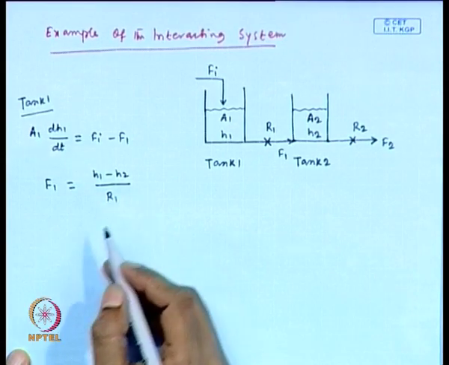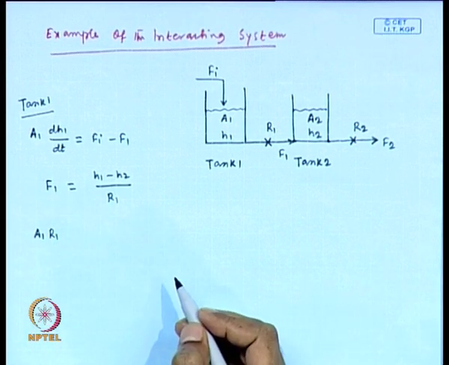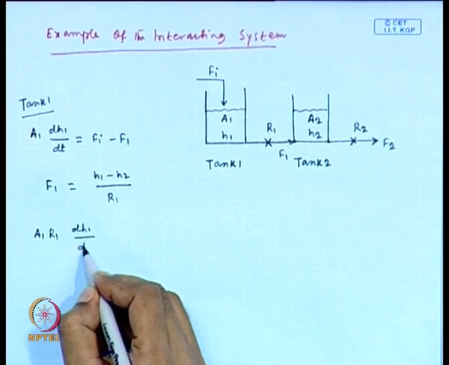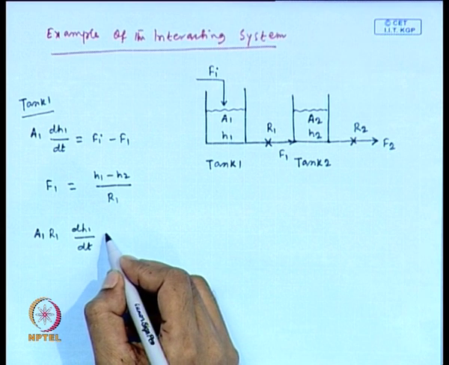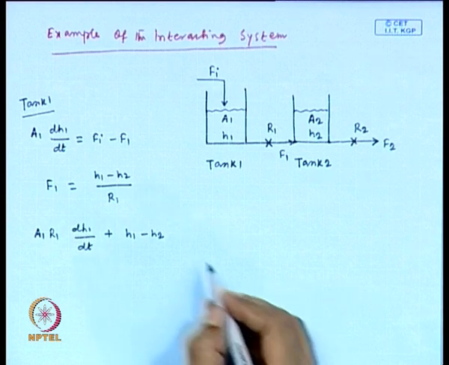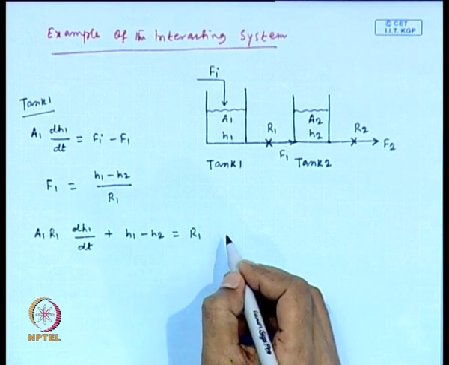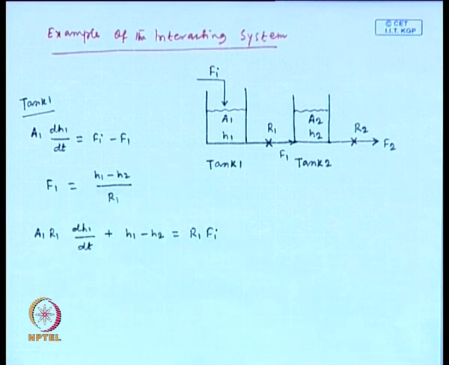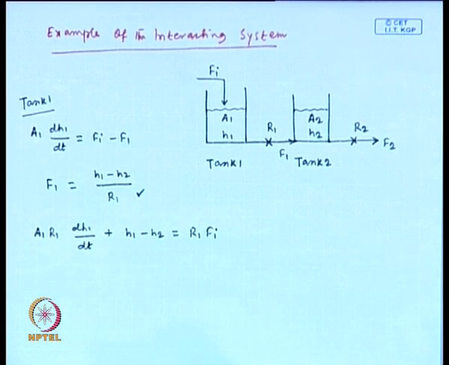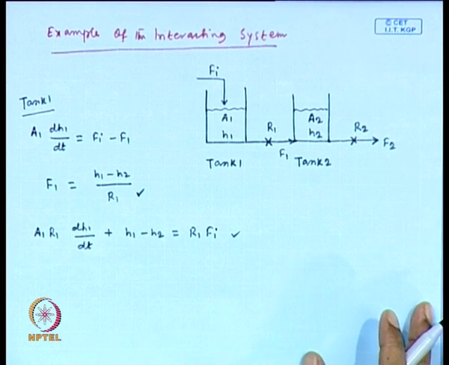So, if we substitute this, then we obtain A1 R1 dH1/dt plus (H1 minus H2) equals R1 Fi. If we substitute the expression of F1 in the modeling equation, then we get this equation.